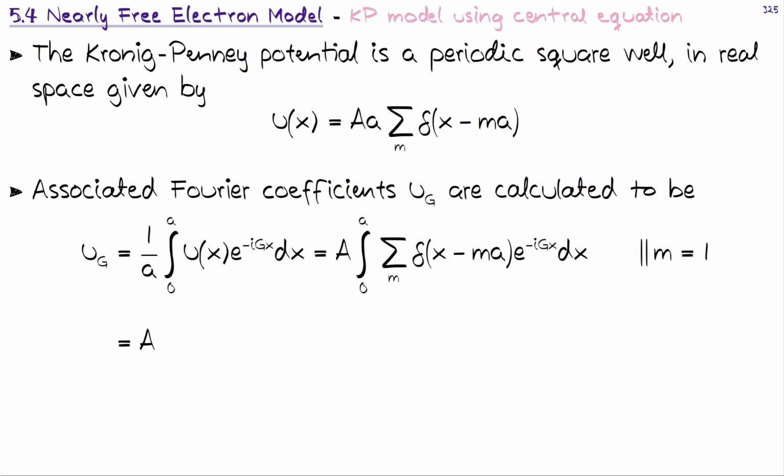Then we integrate a delta function times the plane wave exponent, and we know the solution: the delta function just picks out a given x value out of the integral.